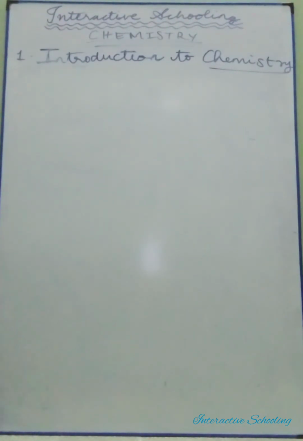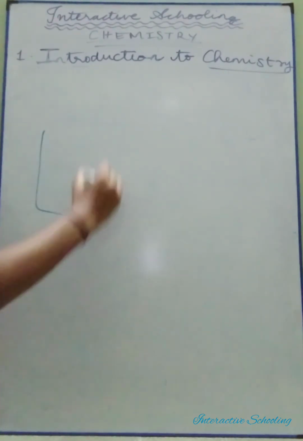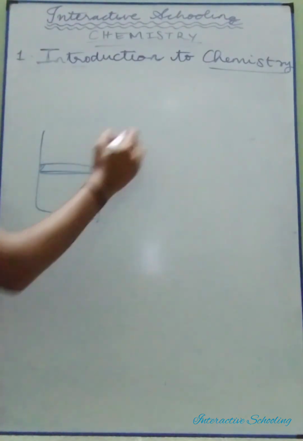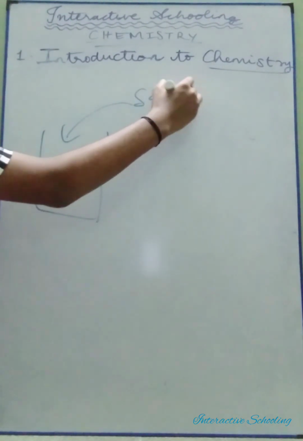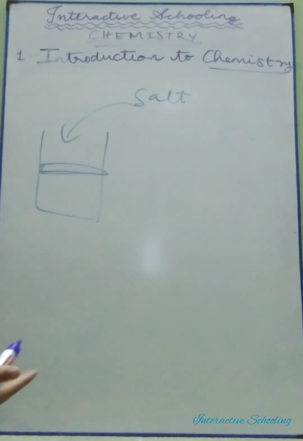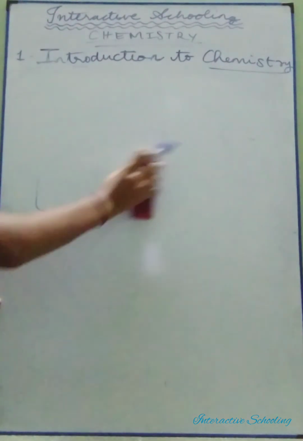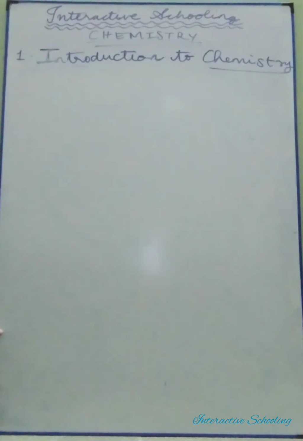But if you take an impure substance, a mixture, in this water, you can add however much salt you want. 2 tablespoons, 3 tablespoons, 4 tablespoons. However much you mix, it's going to be a salt solution only. That's the main difference between a mixture and a compound.